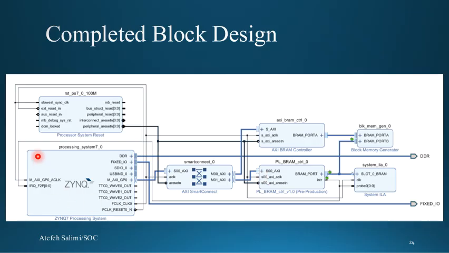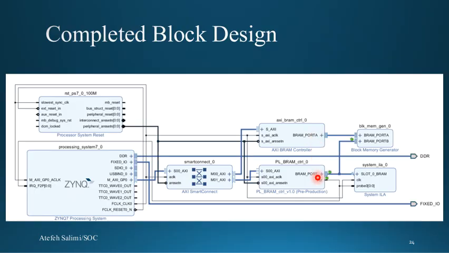As you could see, the first block is the Zynq PS with the interrupt port enabled, and the second block is the AXI BRAM Controller, for which we chose just one port in the settings.